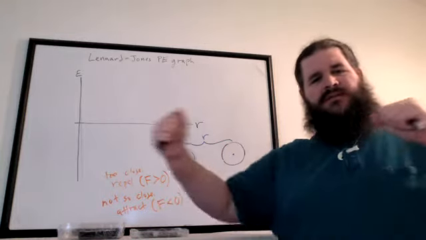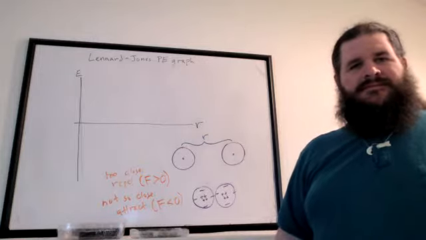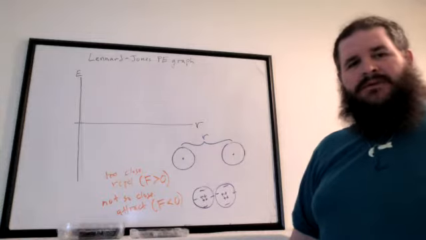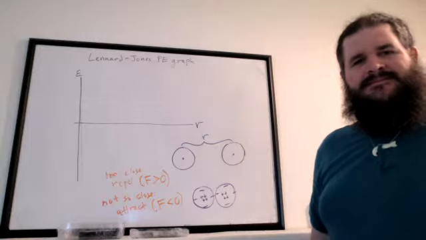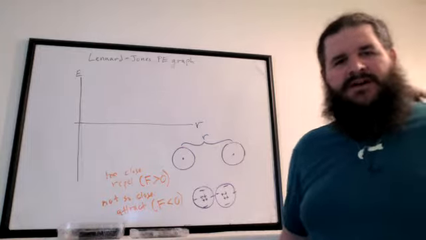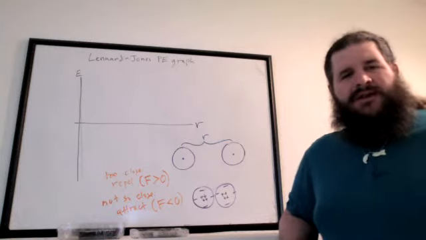Also, what would you expect about the forces if they're very far apart? If atoms are extremely far apart, what would you expect to be true about the forces between them? Yeah, it goes to 0. You get almost no interaction at all. And physically, or mathematically anyway, they're always interacting at least a little bit.